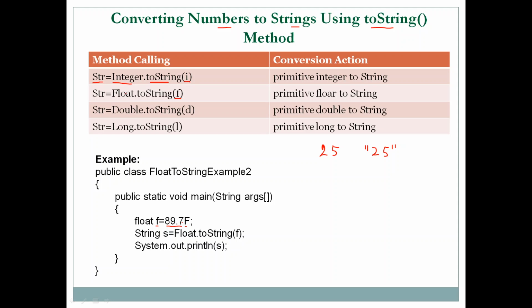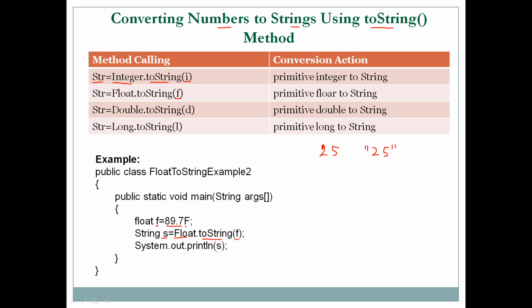So 89.7 we are storing in f, and suppose I want to convert this into string, I may go for the method Float.toString, and f I am passing to it, and this will return the string equivalent of 89.7, and that will be stored in s.